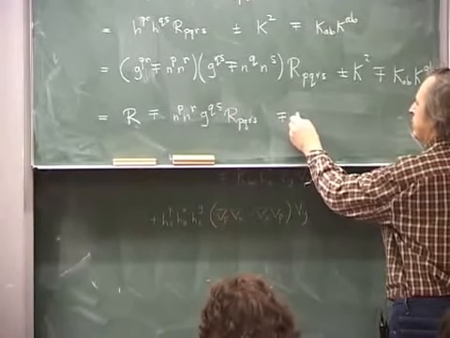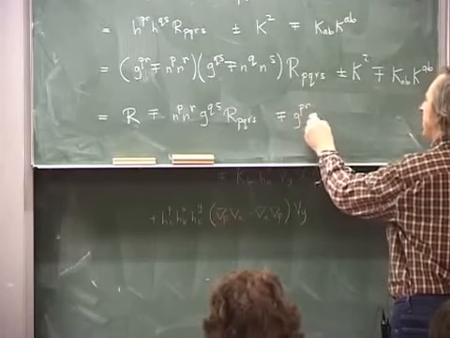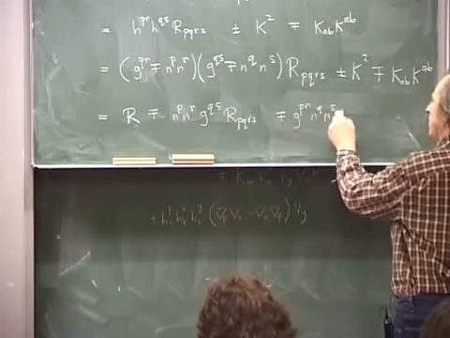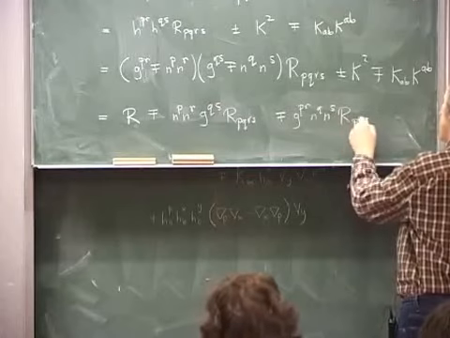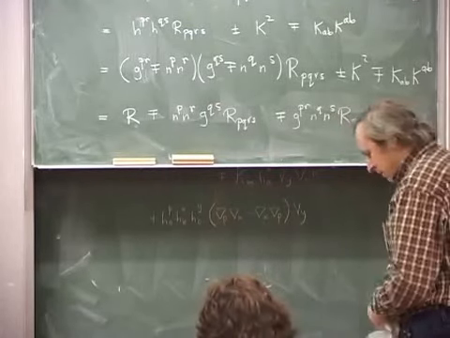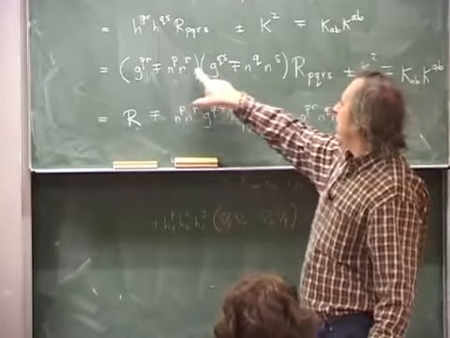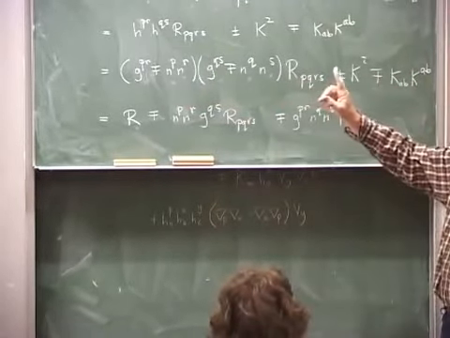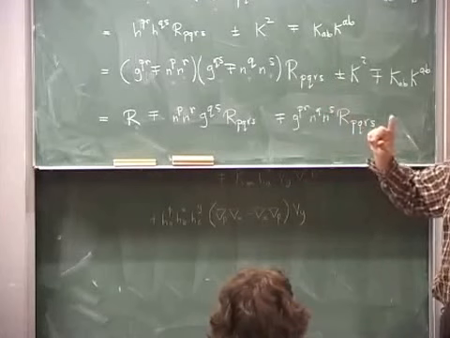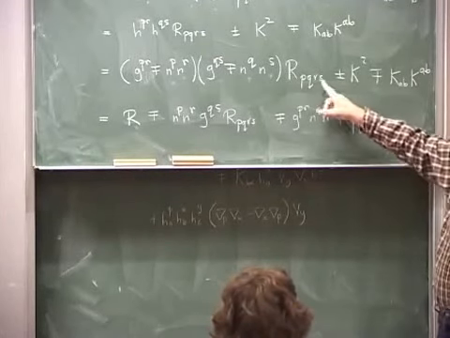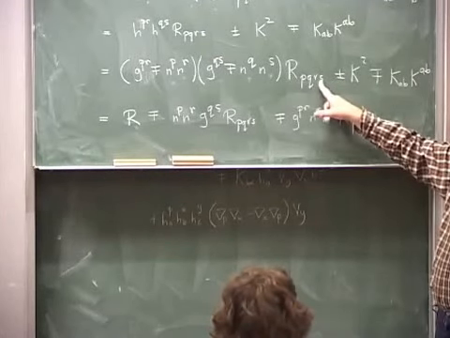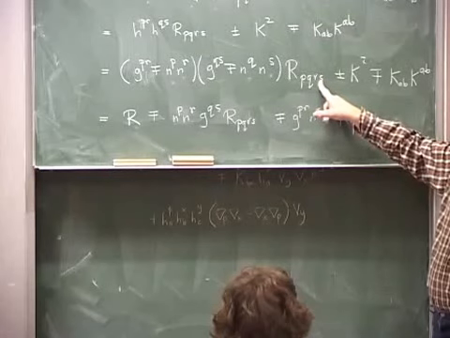And then the other one is what? g^PR n^Q n^S. Then there's a term which involves n^P n^Q n^R n^S, which is of course symmetric under interchange of PQRS, dotted with this thing, so that gives you zero.